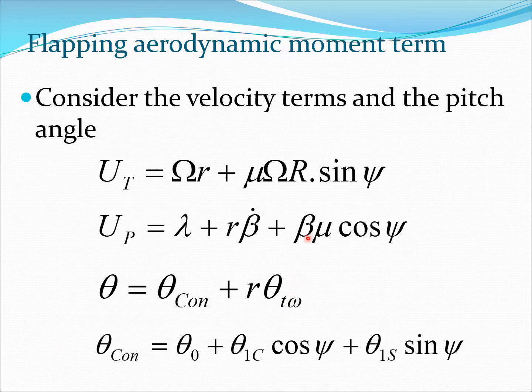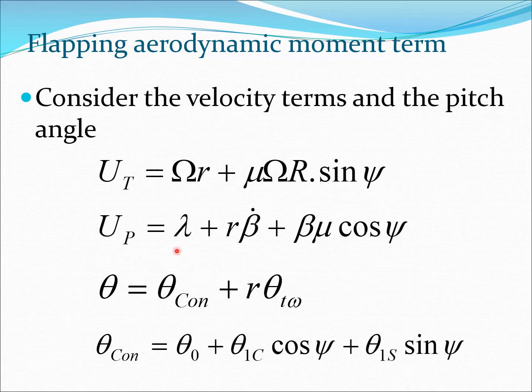So now we need all the components which are there inside that integral sign. So these components are UT, UP, theta. And remember from the previous lectures that UT is composed of the part due to rotation speed and the part due to forward speed.